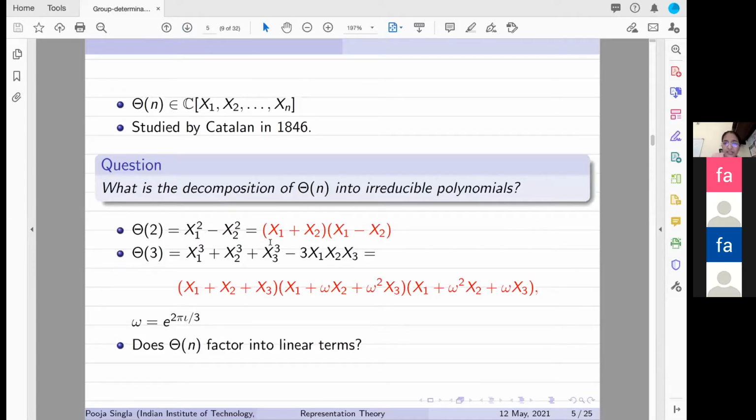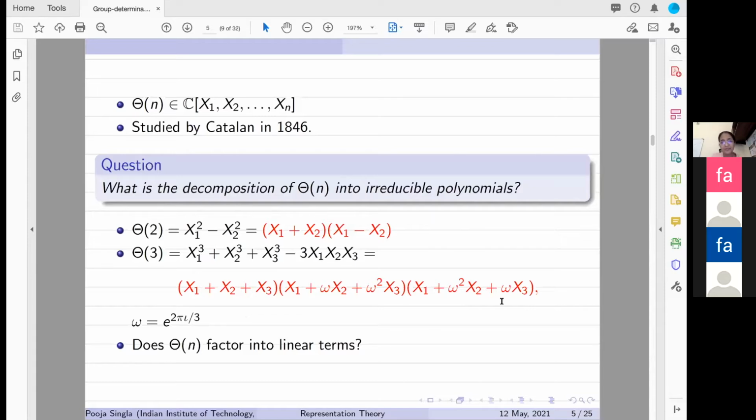Its decomposition into irreducibles is x1 plus x2 times x1 minus x2. Similarly for theta 3, if you check, it has the decomposition x1 plus x2 plus x3, then x1 plus omega x2 plus omega squared x3, where omega is the third primitive root of unity, and similarly x1 plus omega squared x2 plus omega x3.